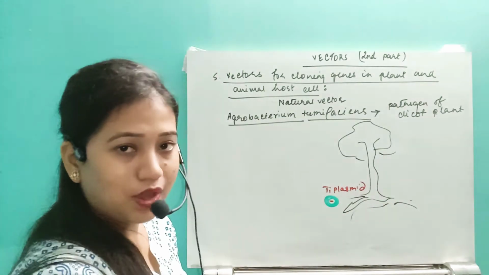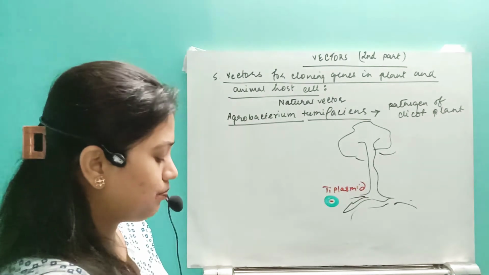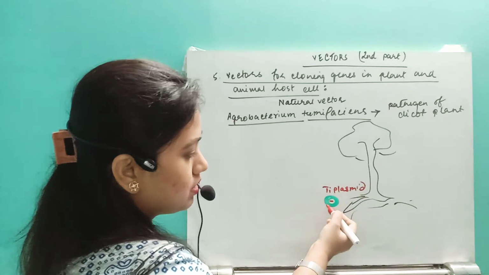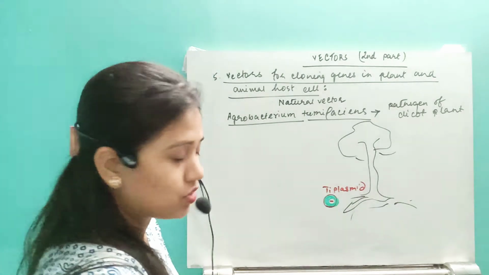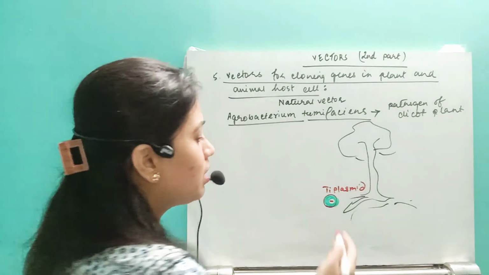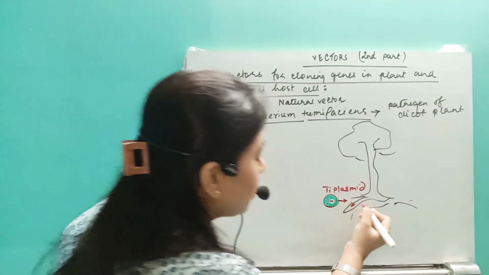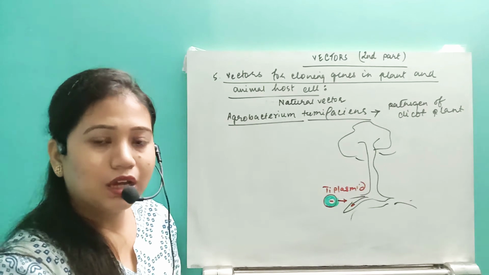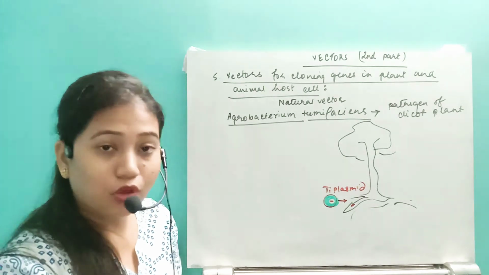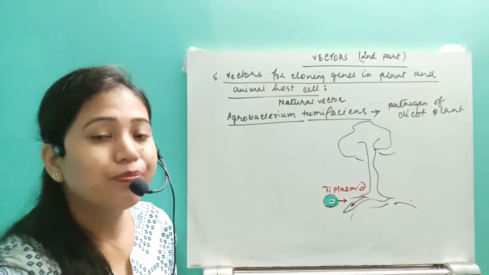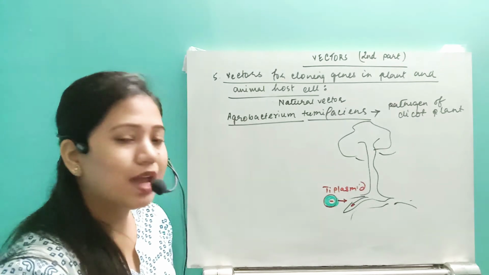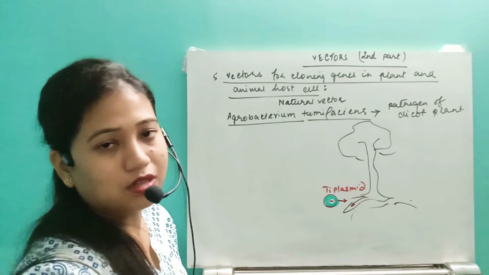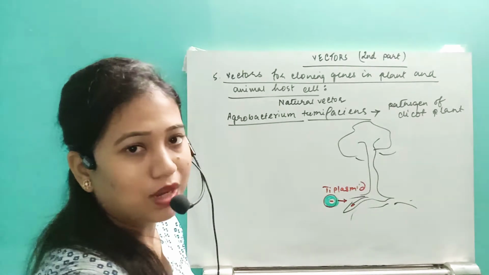The root has root cells, that means the host cells. This Agrobacterium tumefaciens has the characteristic that it can naturally transfer this Ti plasmid into the root. It is not genetically modified, it is not genetically induced, but the Ti plasmid can be naturally transferred into the dicot plant root.